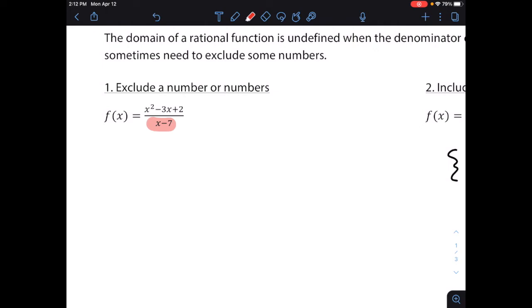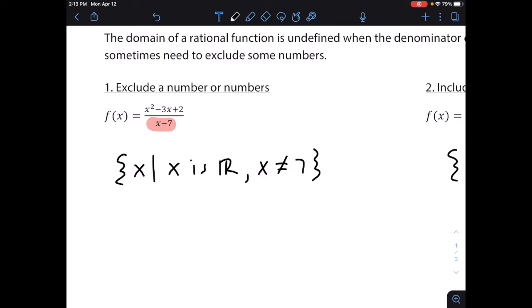So when I write my domain, I write it exactly like I did, x such that x is real, but then I have to exclude the number 7. So I need to say x can't be equal to 7, or I can just write x not equal to 7. What this means is that I'm including all real numbers, but I'm not including the number 7.